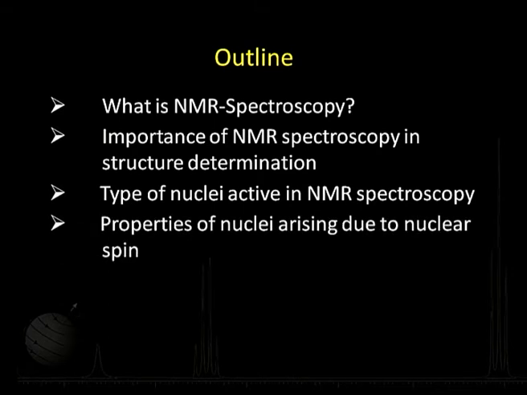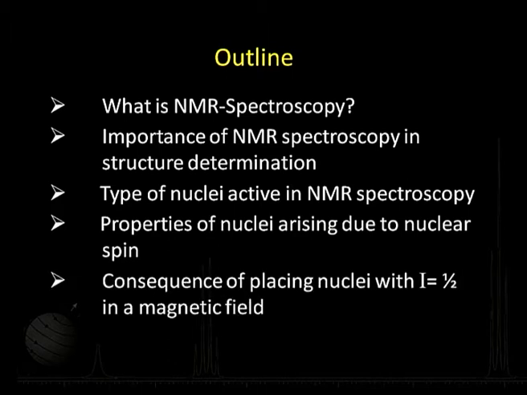Having done that, we will see the properties of the nuclei which arise because of their nuclear spin, because that is a very special kind of nuclei we are going to make use of. Thereafter, we will see the consequence of placing such nuclei with I equal to half in a magnetic field. And lastly, we will try to sum up what we do in today's session.